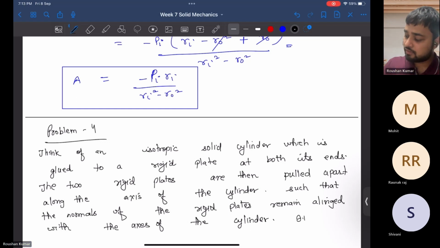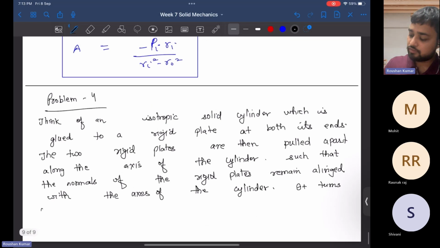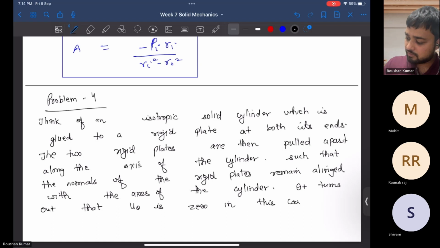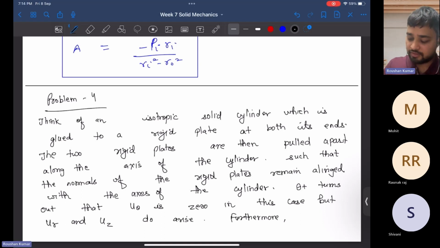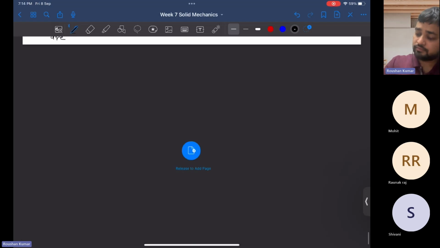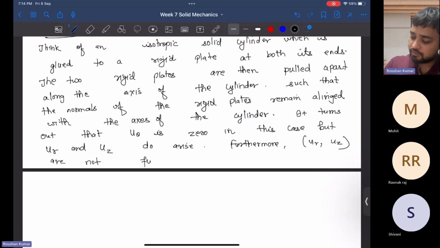It turns out that u theta is 0 in this case, but ur and uz do arise. Furthermore, ur and uz are not functions of the theta coordinate.